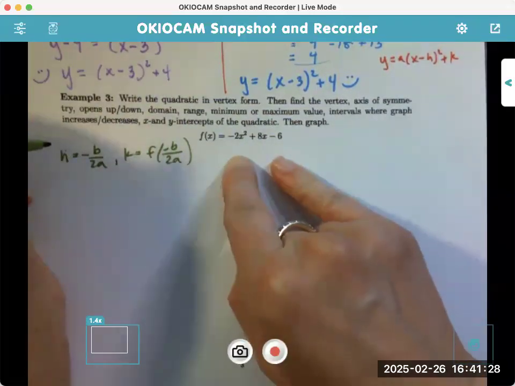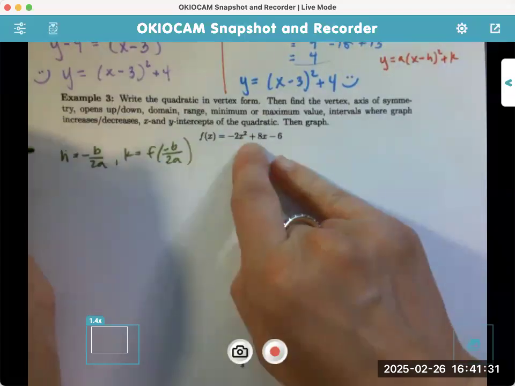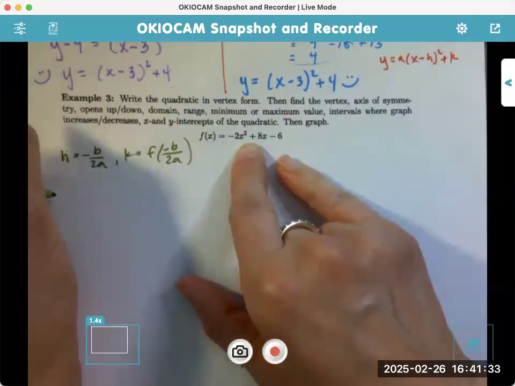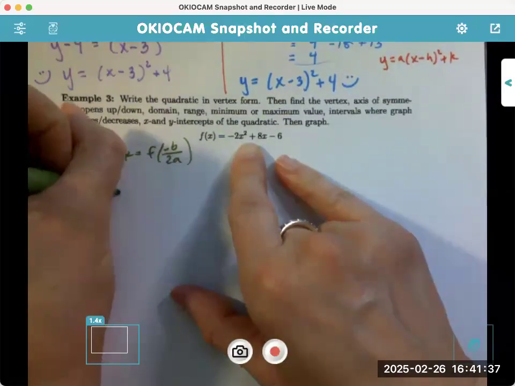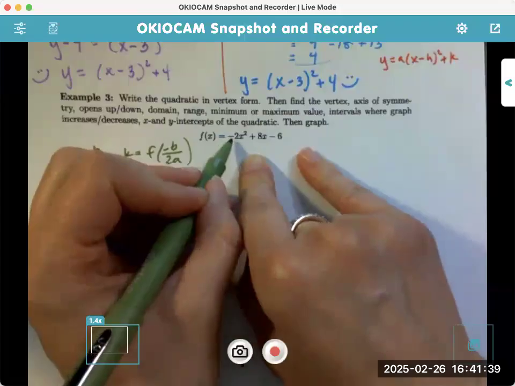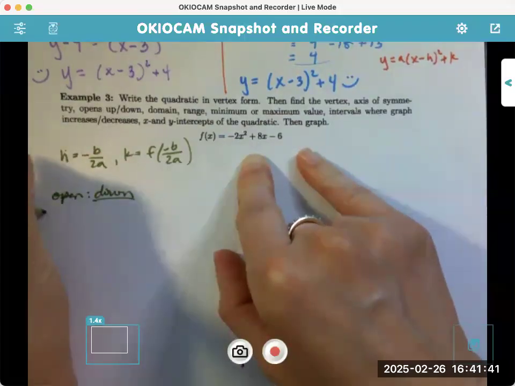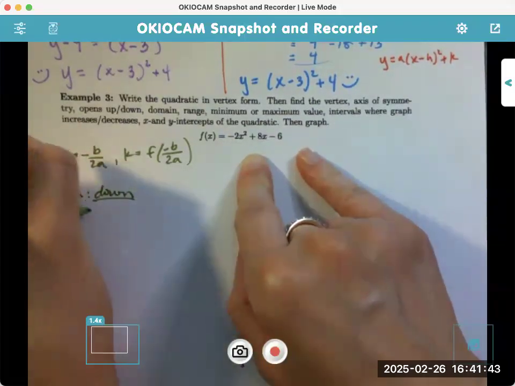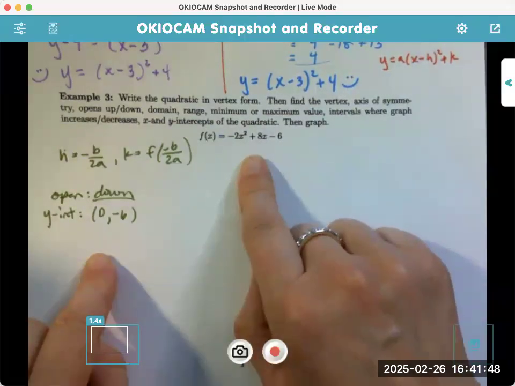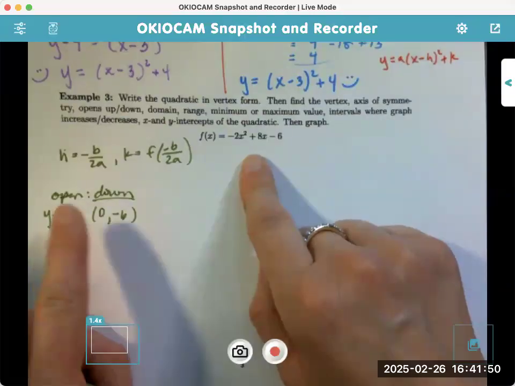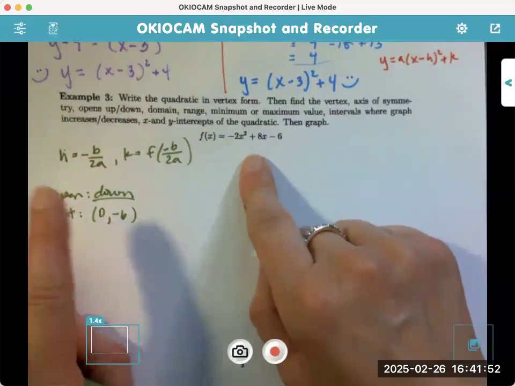But before we do that, there's a couple things we can look at right away and just pull out from the equation. And that is that we open down because we have this negative right here. I also know that the y-intercept is 0, negative 6. Because remember, for y-intercept, x is forever and always what? 0.